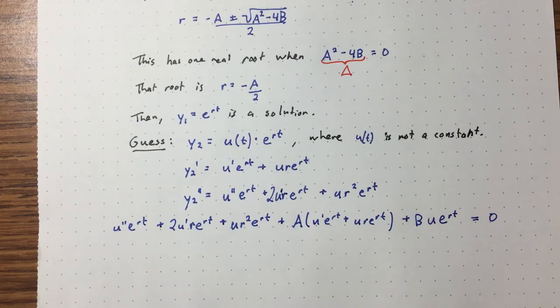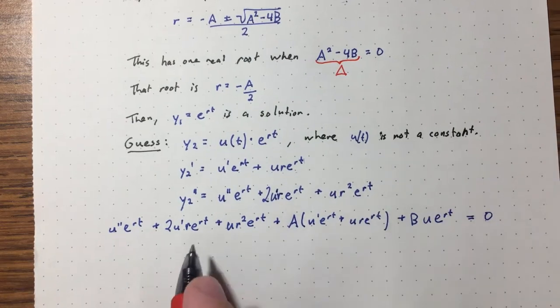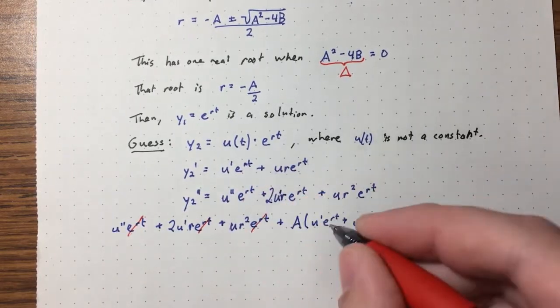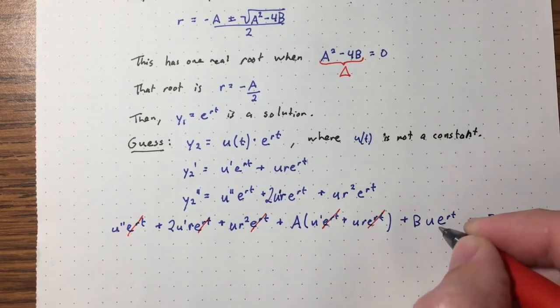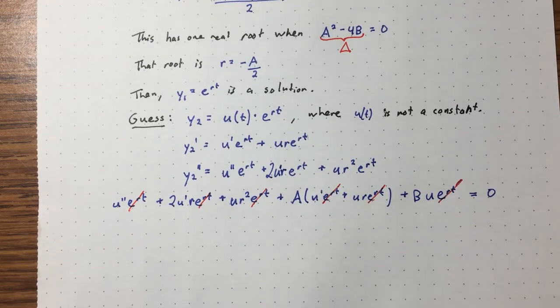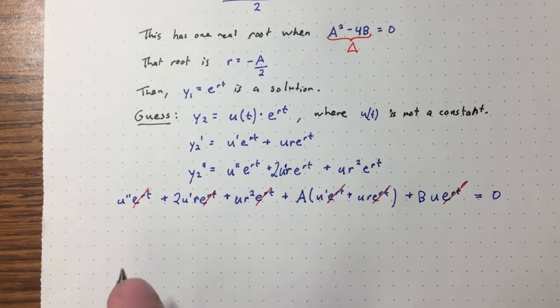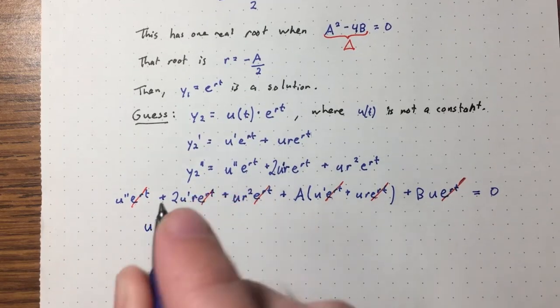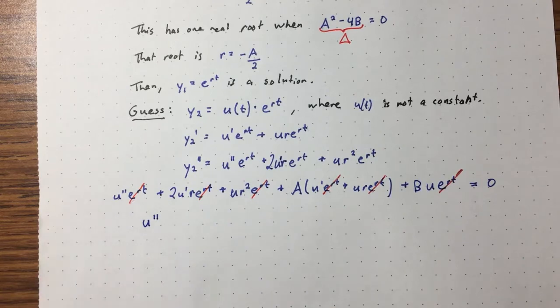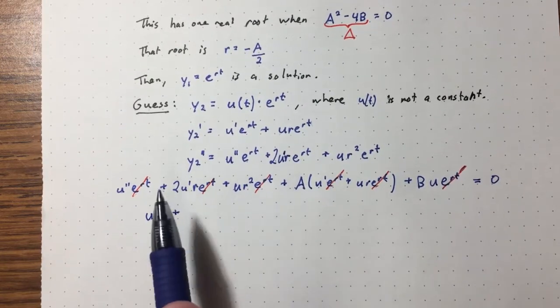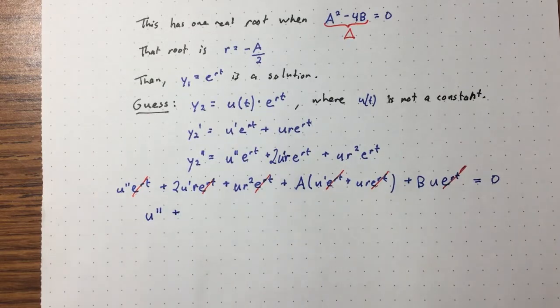And this is a mess, but we notice there's an e to the rt in every term, so let's cancel that out at least. Cancel out all the e to the rt's. And then I want to rewrite this. So we have the u double primes together. There's only that one. And then I want the u prime terms. There are 2 of those, this one and this one.